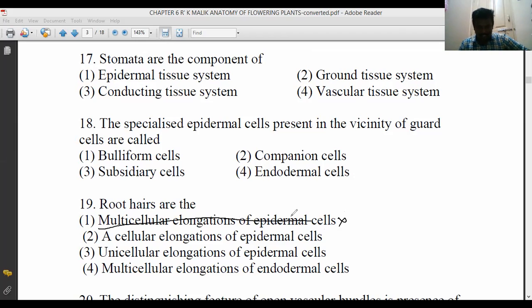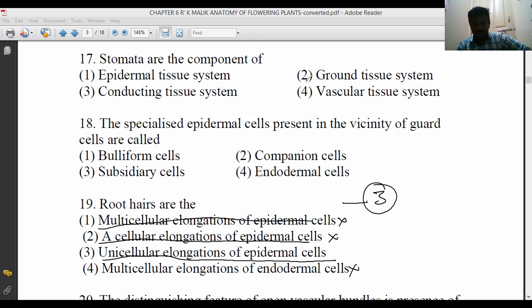Next, acellular elongation of epidermis is also wrong. Third, unicellular elongation of epidermal cells. Yes, root hairs are unicellular elongations of the root epidermis. So for this question, the third option is correct. Multicellular elongation of endodermal cells is also wrong. Okay, that's all.